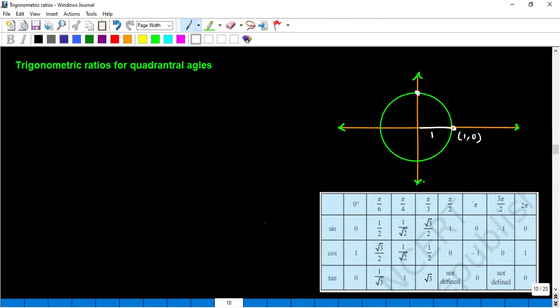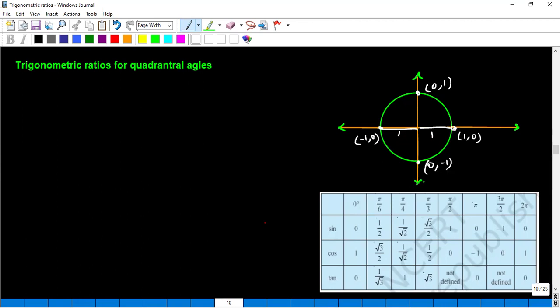What do you tell about this point? X value 0, Y value will be 1. What do you tell about this point? This point is on the negative side of the X axis, 1 unit. So I can tell this point is minus 1 comma 0. What do you tell about this particular point? It is 0 comma minus 1.